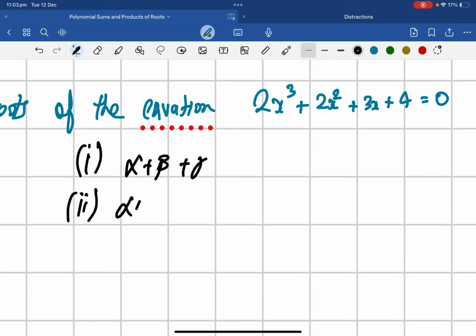As you guessed it, it's alpha beta plus beta gamma plus alpha gamma.